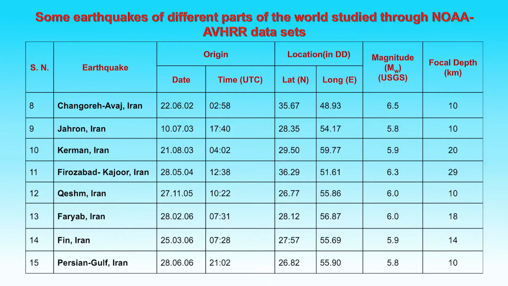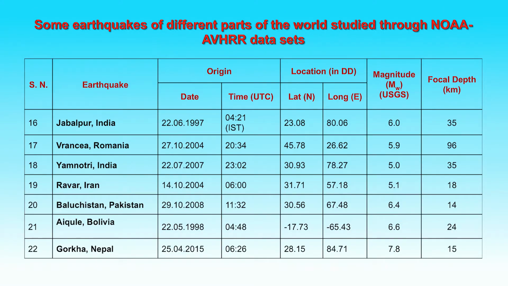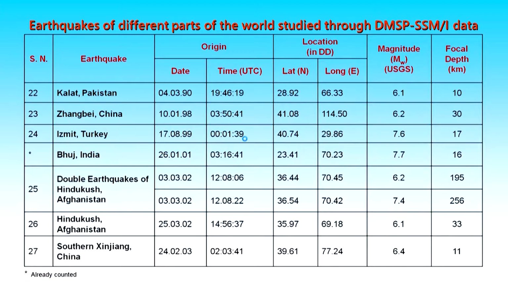Because of this large capability of acquiring data, we could analyze many earthquakes of Iran and several earthquakes from different parts of the world. So far we have analyzed more than 28 earthquakes of different parts of the world, employing either data acquired by our own earth station or data acquired by other stations which have been shared with us.